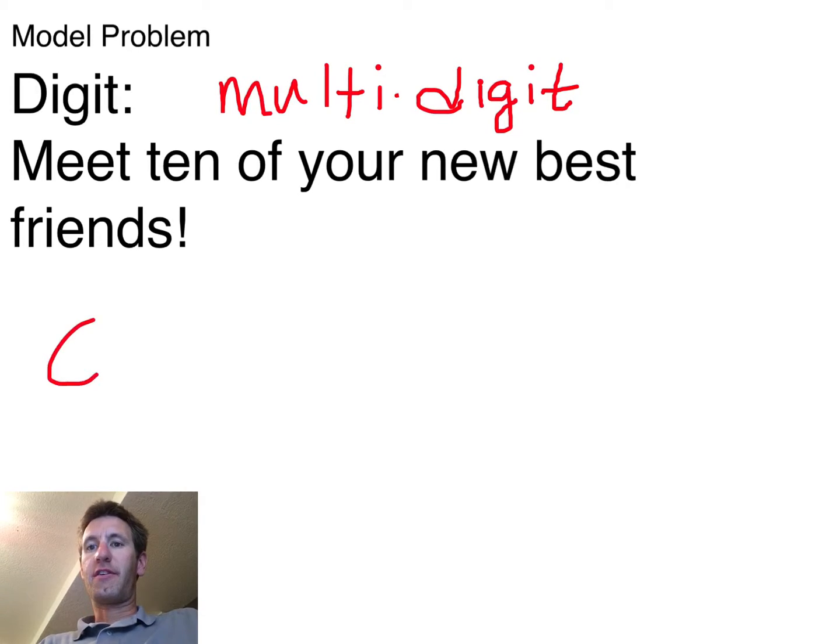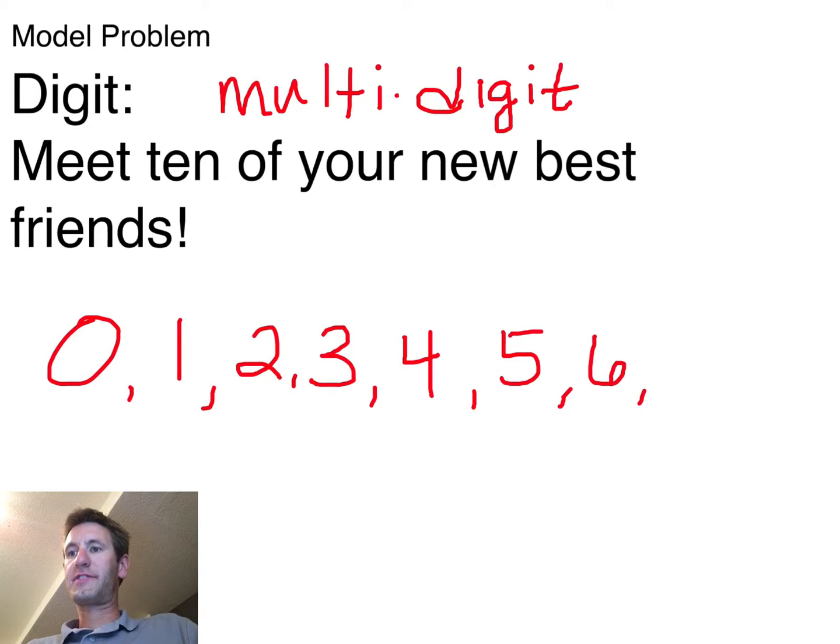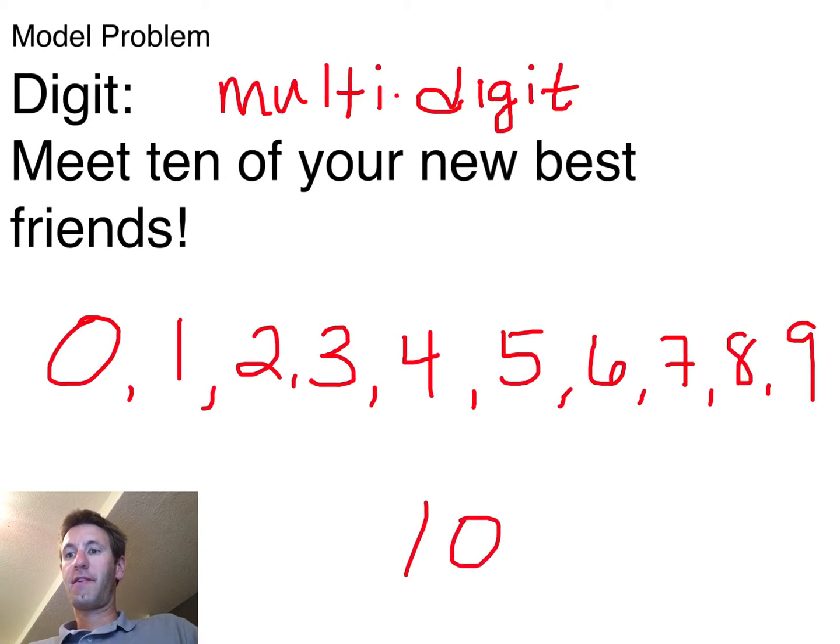So your digits are 0, 1, 2, 3, 4, 5, 6, 7, 8, and 9. Now, 10 is not a digit. 10 is a multi-digit number.